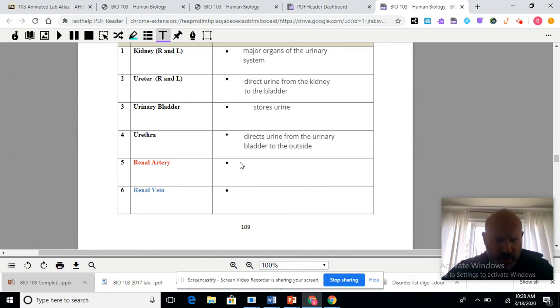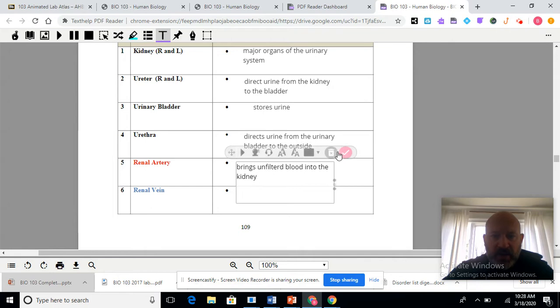All right, so let's fill that in. The renal artery brings unfiltered blood into the kidney.